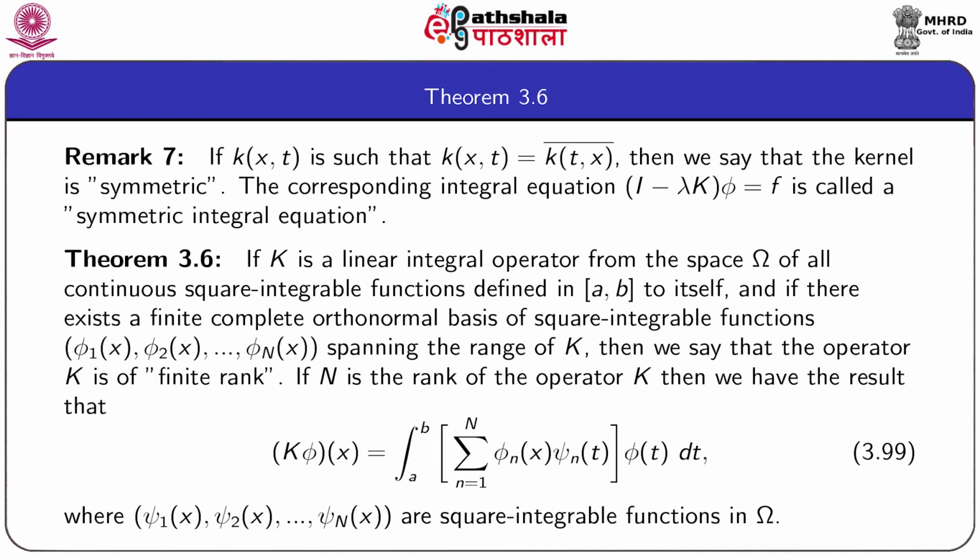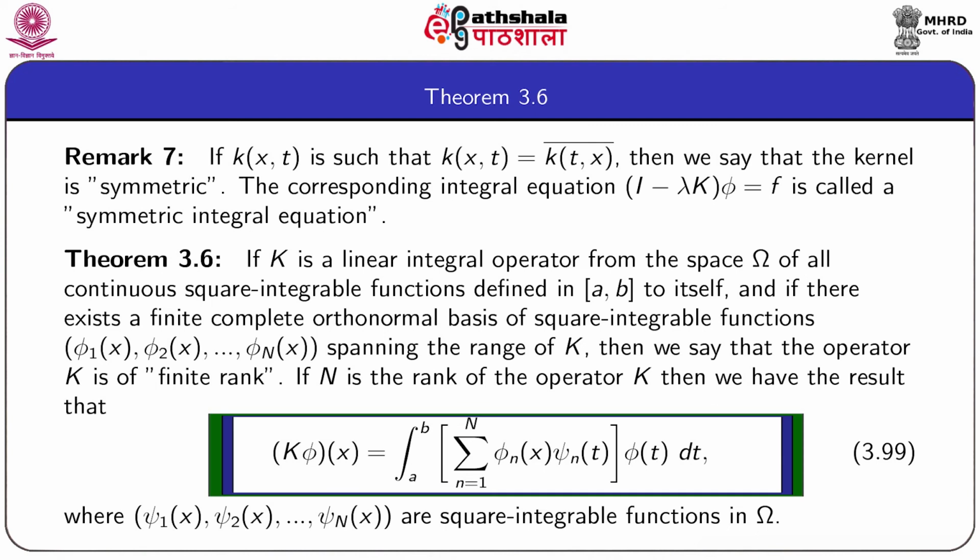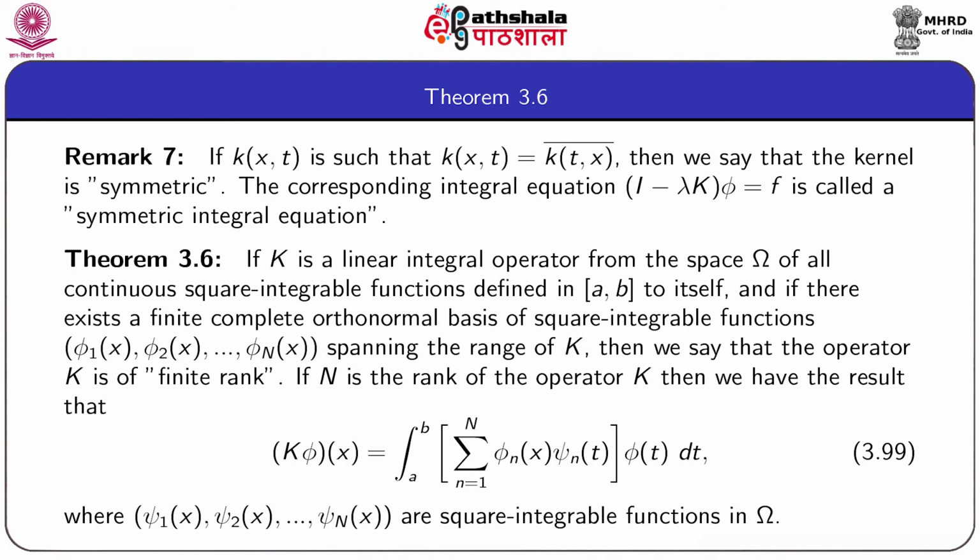If N is the rank of the operator K, then we have the result that K phi(x) equals the integral from a to b of the summation n equal to 1 to N of phi n(x) psi n(t) into phi(t) dt, as given by equation 3.99, where psi i(x) are square integrable functions in omega.